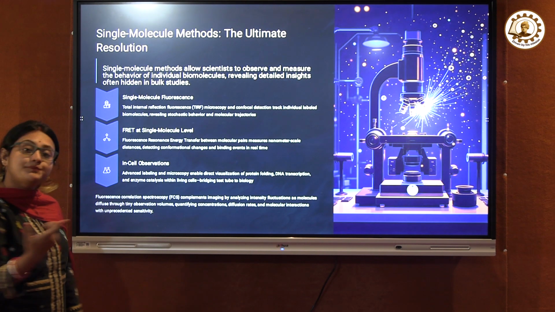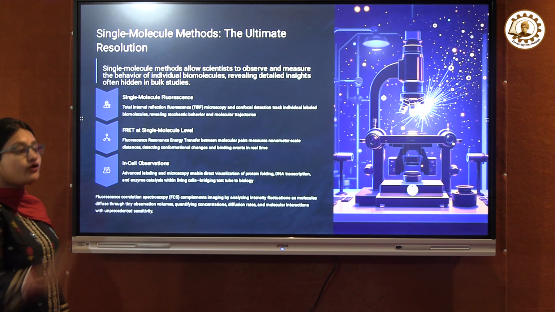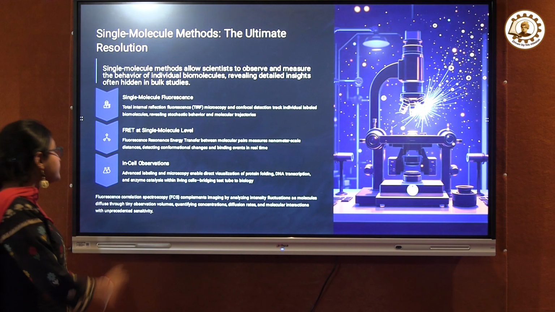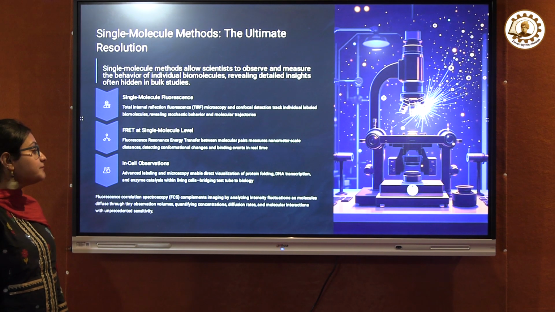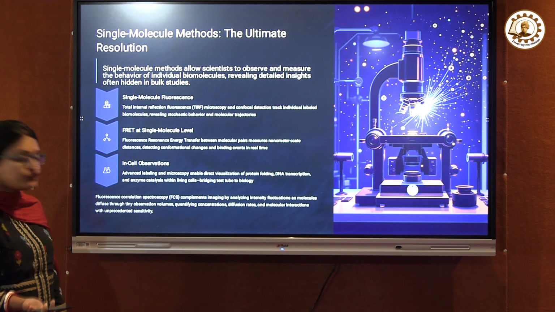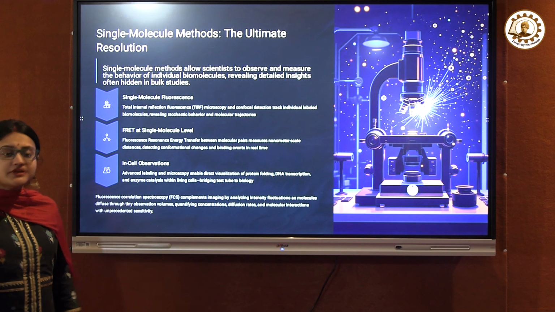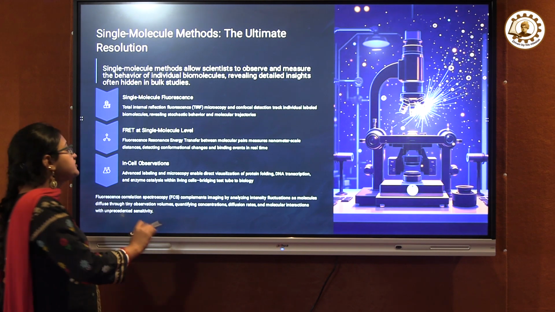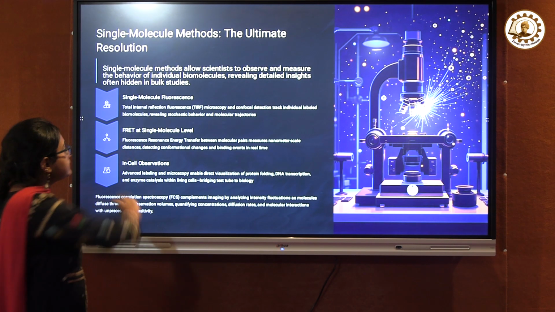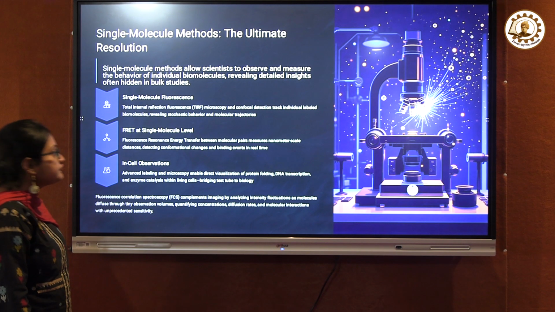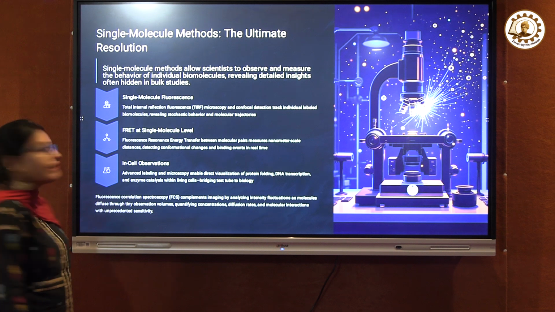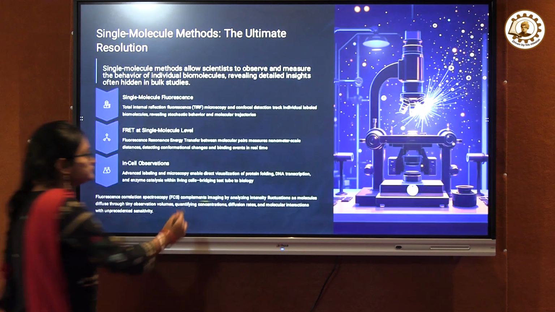It can be a single protein or a single lipid molecule. Fluorescence correlation spectroscopy complements the imaging techniques with the help of a fluorescent probe for single molecule detection. There is also FRET, other single molecule fluorescence techniques, total internal reflection fluorescence microscopy and confocal detection, which track individual single biomolecules.